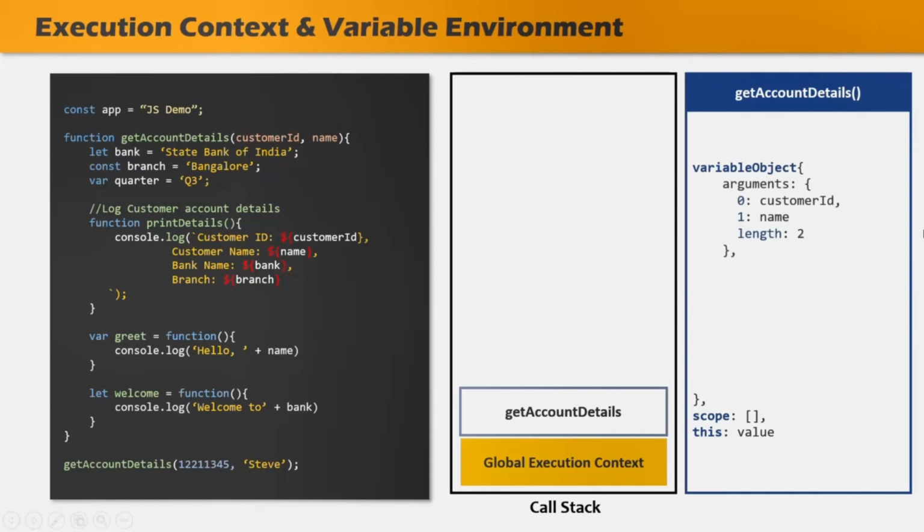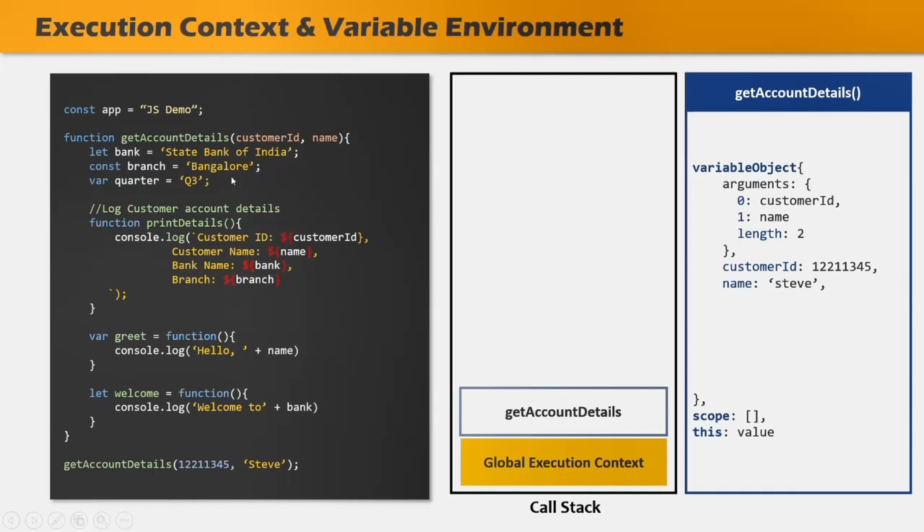And in that object, we will have two properties with the index number, and those properties will be assigned with the parameter present at that index. So this we have already learned. And after this arguments object is created, the properties for this customer ID and name parameter will also get created, and it will be assigned with the value which we are passing for those parameters when calling that function.